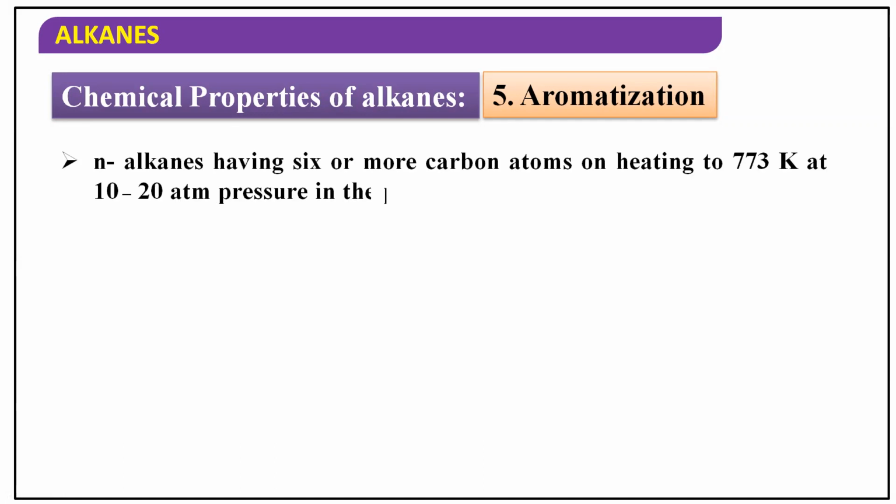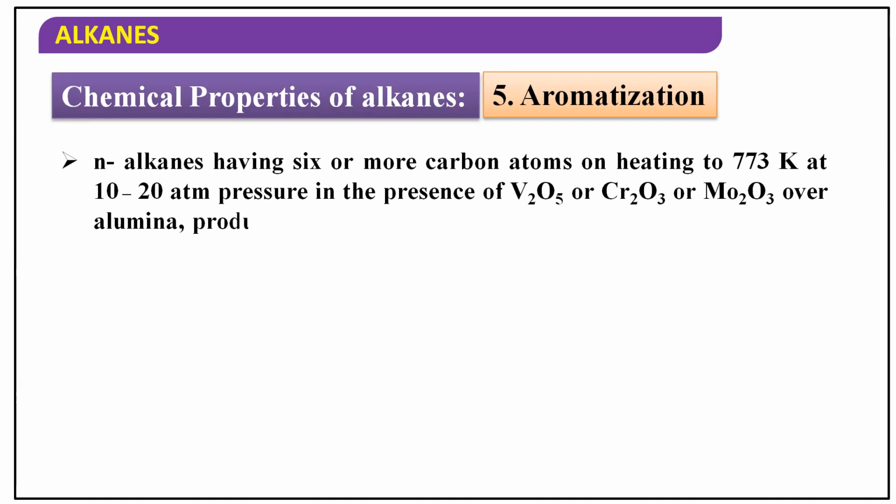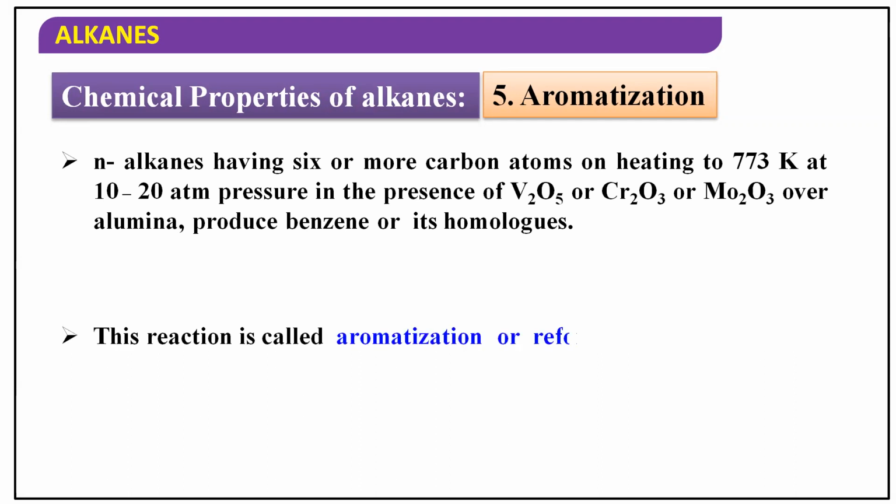Now suppose it has 6 or more carbon atoms and is heated at higher pressure, 10 to 20 atm, in presence of V2O5, Cr2O3, Mo2O3 over alumina. It will produce benzene and its homologues. This reaction is called aromatization or reforming, because it converts to an aromatic compound.